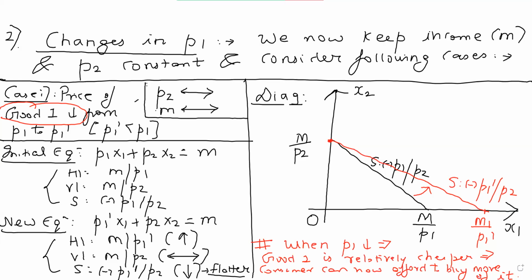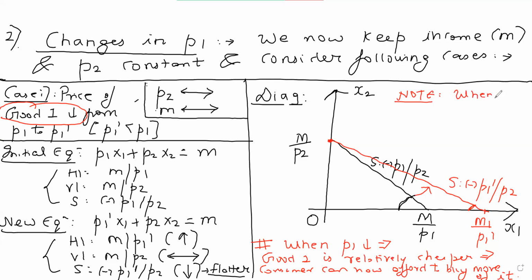Okay. And mathematically also you should be convinced. Look at the angles. When you have to compare flatness and steepness, initially this was the angle. Now you can see that the angle has gone down. The angle made with the horizontal axis has gone down. It means that the line has become flatter. So students can write a note also.